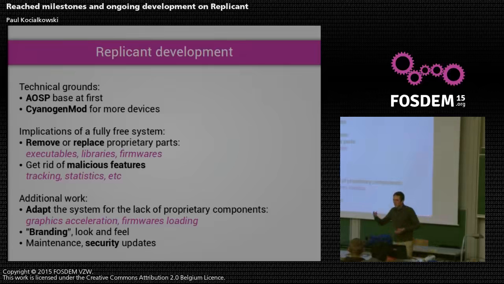So it might retry to load the firmware in a loop infinitely. Some drivers do that. So we have to correct it, else the CPU explodes, and it's a nightmare. So we have to look at those things and adapt and add proper code that says, hey, when the non-free firmware is not there, just give up and don't try endlessly to make contact with the chip. It's not going to work.